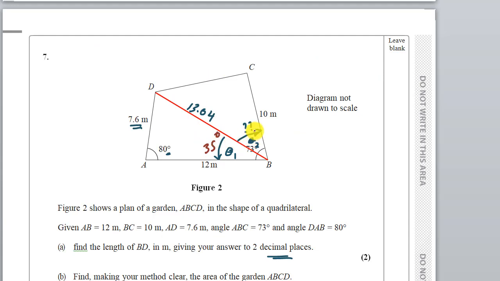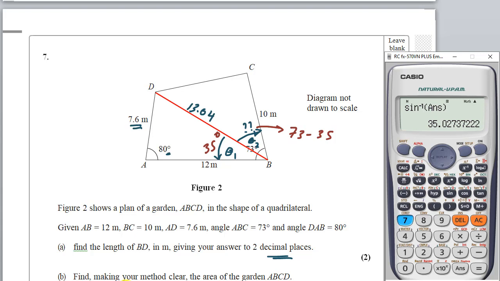So this angle now, which is angle DBC, is 73 minus 35, which is equal to 38.